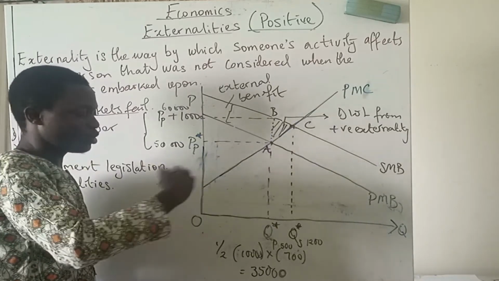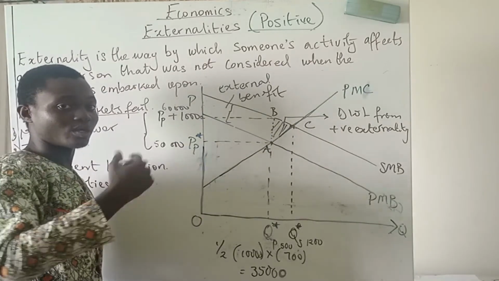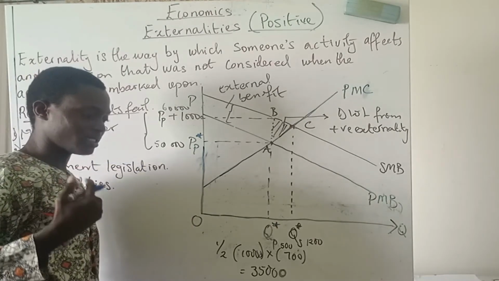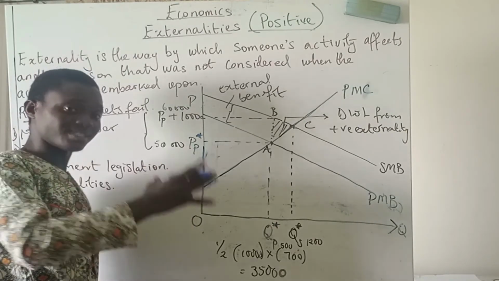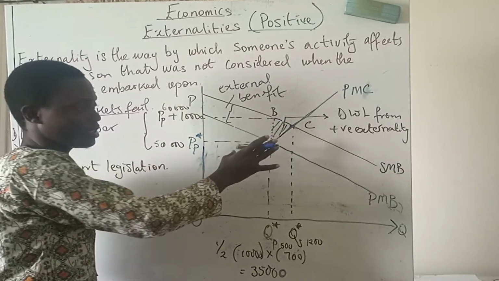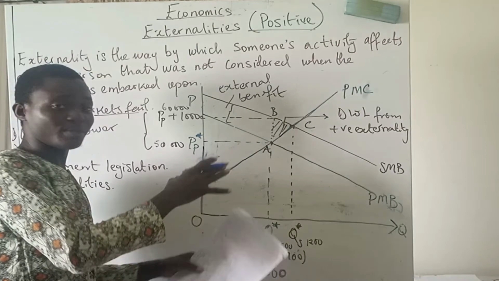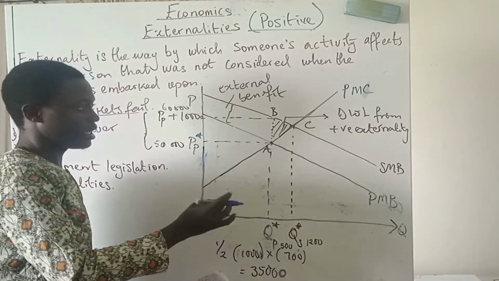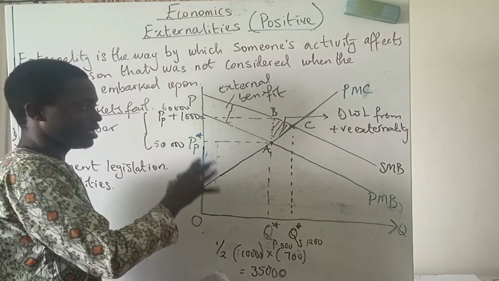So here, producing more is going to increase total economic surplus. I was talking about negative externality in the previous video, where I was saying that producing less would actually increase economic surplus. So the deadweight loss here, by the time it is taken away, the society benefits more from the government subsidizing education.